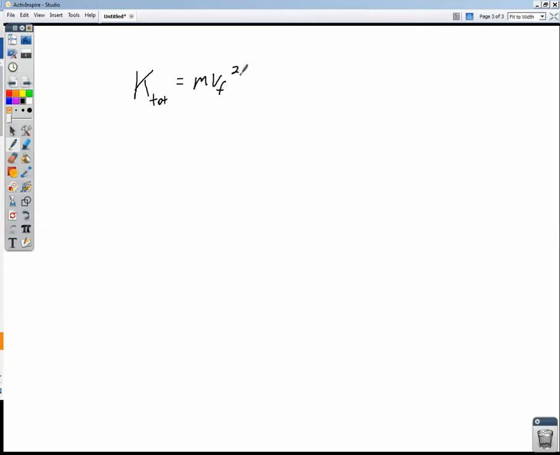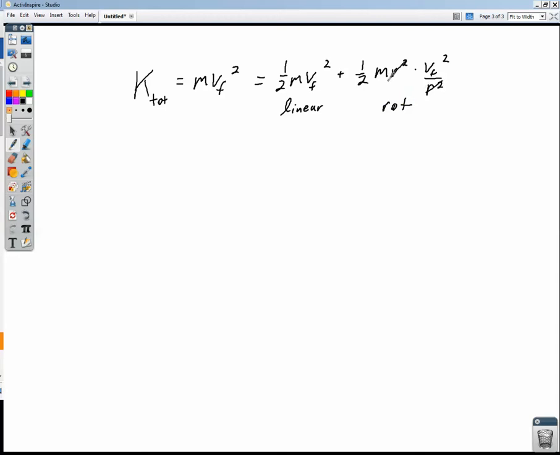Well, that was also equal to 1/2 of m v final squared plus 1/2 of m r squared times v final squared over r squared. So this is the linear, and this is the rotational.